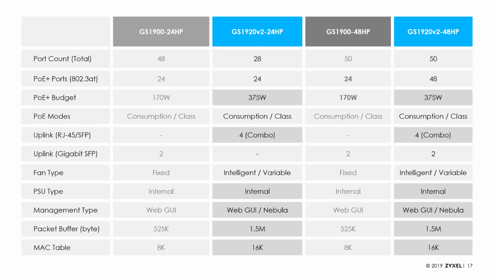The GS1900 48 HP can only power the first 24 ports with PoE, versus the fact that the GS1920v2 48 HP can power all 48 ports in whatever combination depending on your PoE budget. Additionally, the GS1920v2 48 HP has 4 combo uplinks and 2 fixed SFPs, giving you a total of 6 SFPs as we described in the previous slide. This is obviously a larger capacity than the 2 fixed ports which is available on the 1900 48 HP.